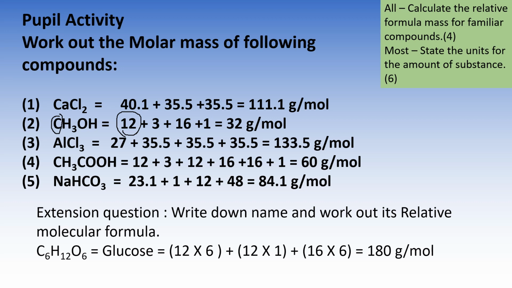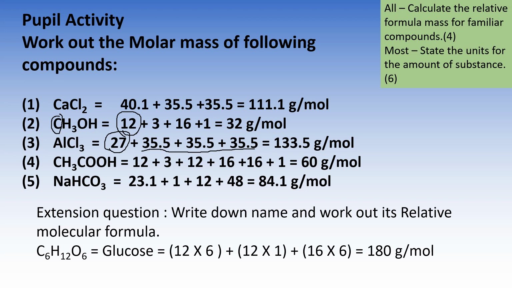So you have aluminium trichloride, which I have written down as 27, the relative atomic mass of aluminium, and 3 chlorine atoms represented by 35.5 each. That gives us a combined value of 133.5. For methanol, you get a combined value of 32 grams per mole.